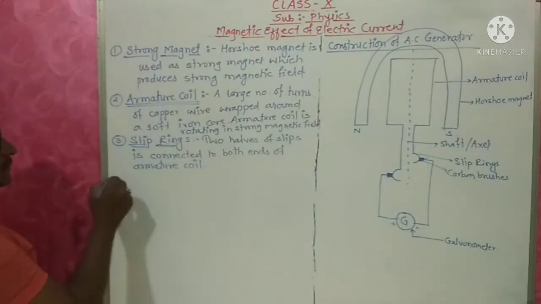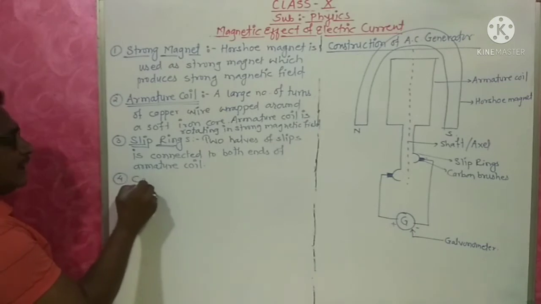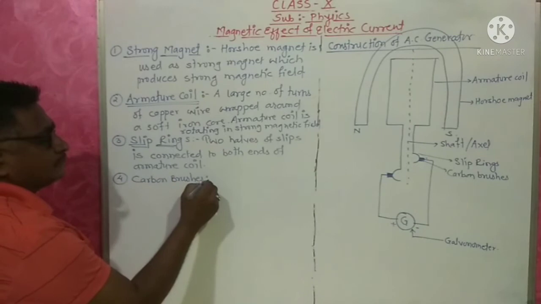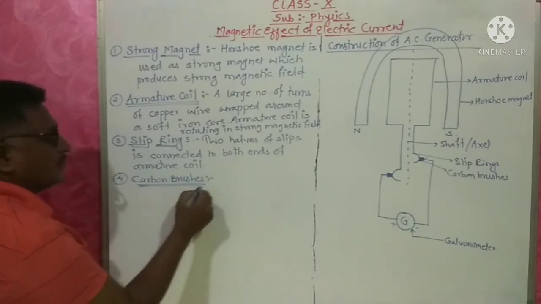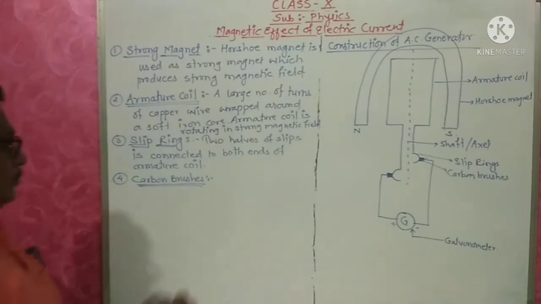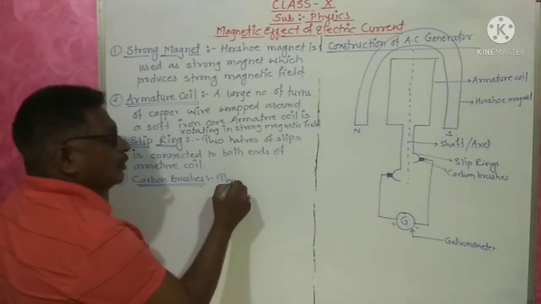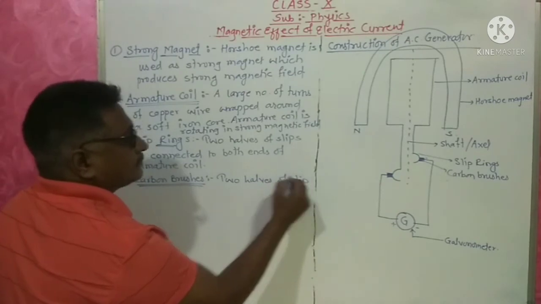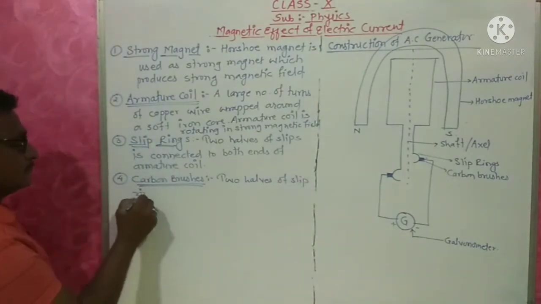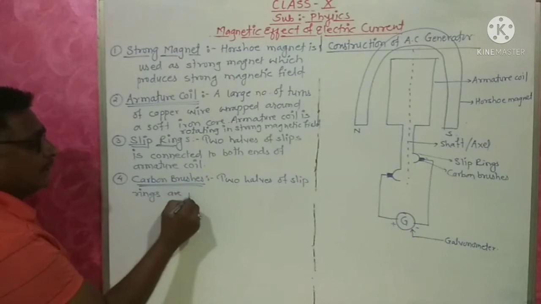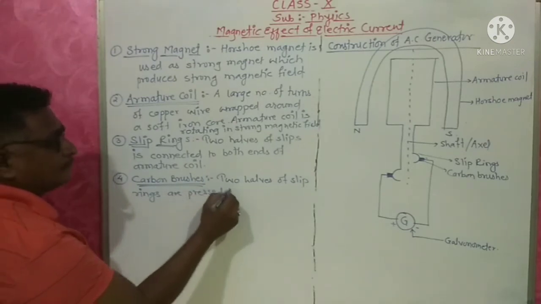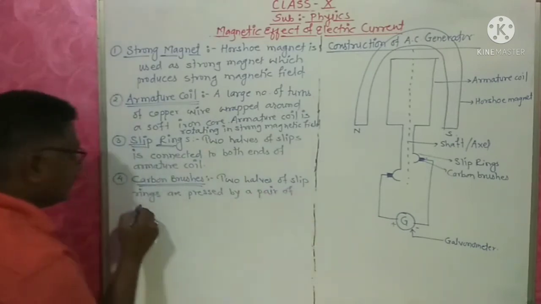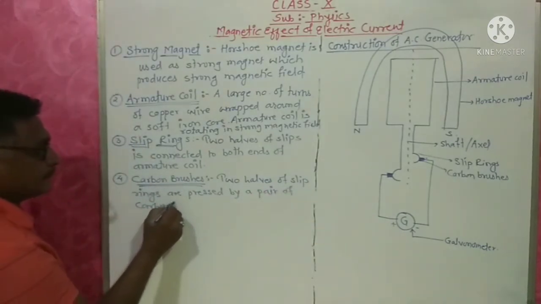Then fourth, carbon brushes. So two halves of slip rings are pressed by a pair of carbon brushes.